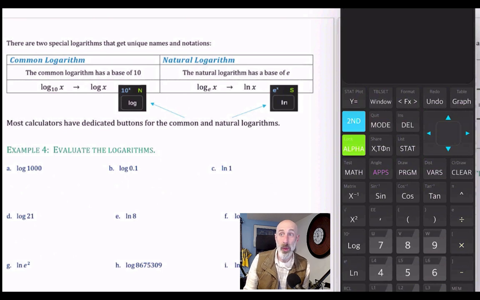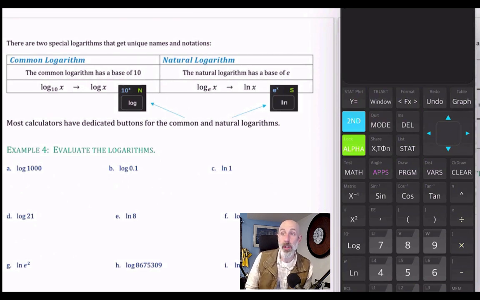Now, the biggest reason why we do this is because eventually we're going to be able to convert all logarithms into either common or natural logs, which is going to be really helpful because there are buttons on your calculator to handle common and natural logs. Especially on the Texas Instrument calculators that we all come to know, you will find that there is a log and a natural log button.